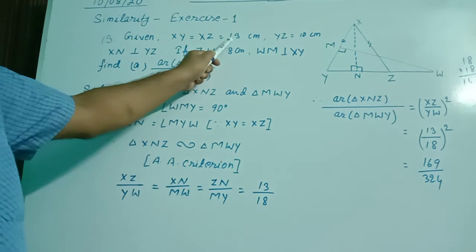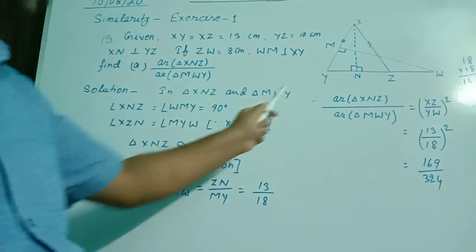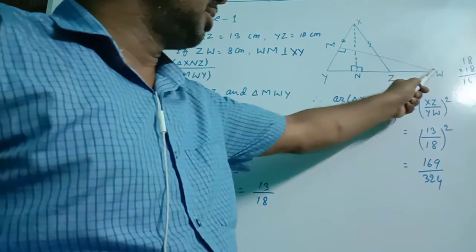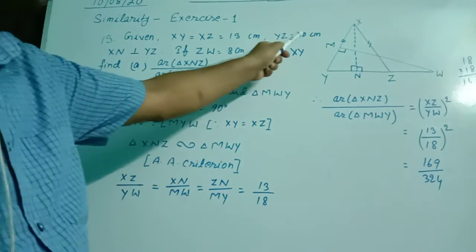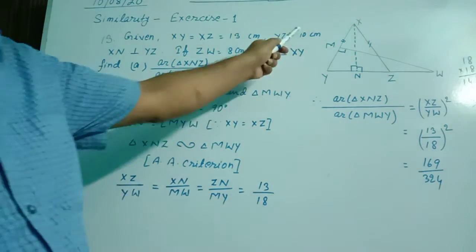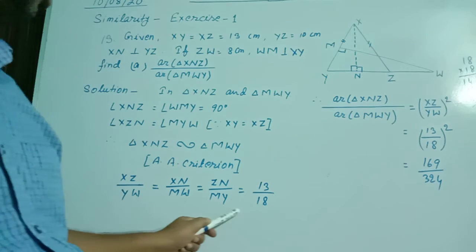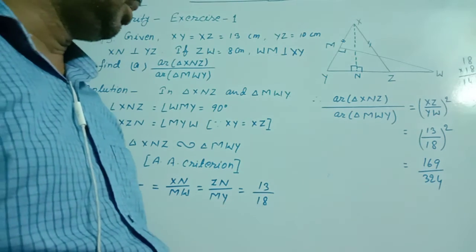XZ is given 13 centimeter and YW equals YZ plus ZW. YZ is 10 centimeter and ZW is 8 centimeter. So 10 plus 8, 18 centimeter. So the ratio of the corresponding sides equals 13 by 18.